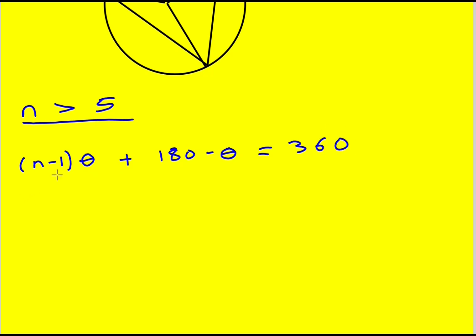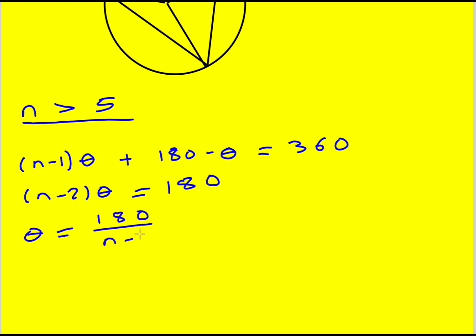So that would equal 360. And then I would get, well, n minus 1 theta minus theta is actually n minus 2 theta, and that's going to equal 180. So then theta would equal 180 over n minus 2. This means we're going to get our value of theta all the same, and then we're going to get 180 minus theta that's different.